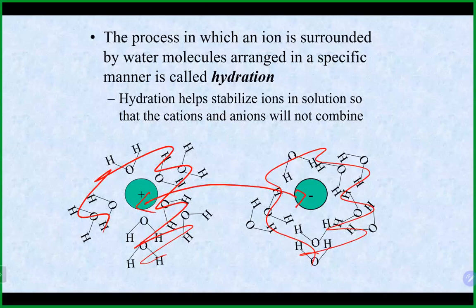So remember, a solution, which is a homogeneous mixture, is just a physical change that's occurring. We just can't visually see the sodium chloride anymore because there are so many water molecules surrounding each of the ions that it is no longer visible to us.